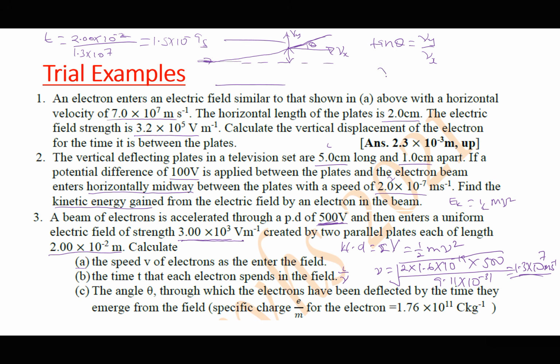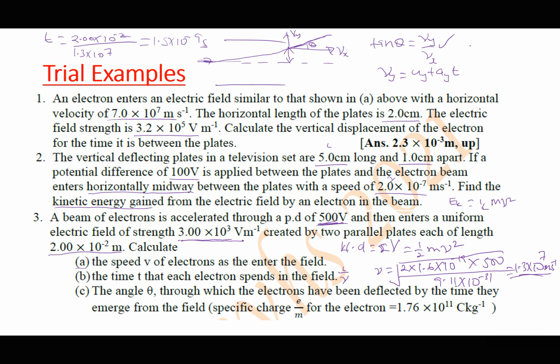But Vy will change, because Vy will be equal to the initial velocity in the y, which is obviously 0, plus acceleration in the y, which you can now calculate, times t, which we have already found. So your task as an assignment: find Vy, substitute in this expression here, and find theta by the tan inverse of this.